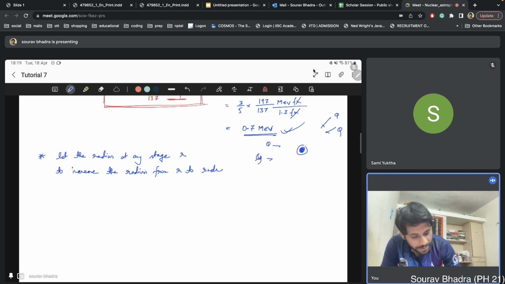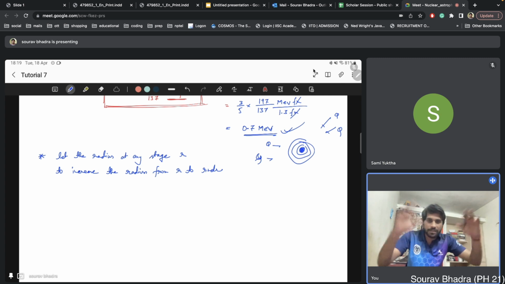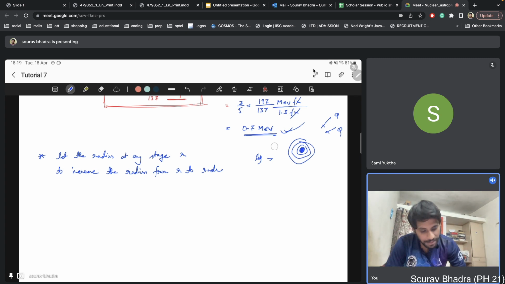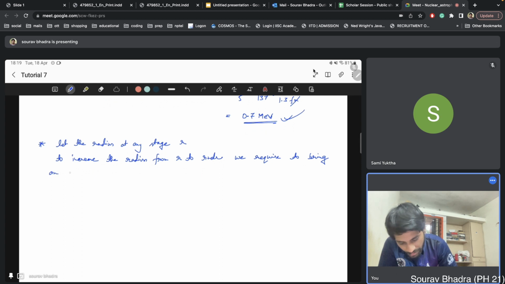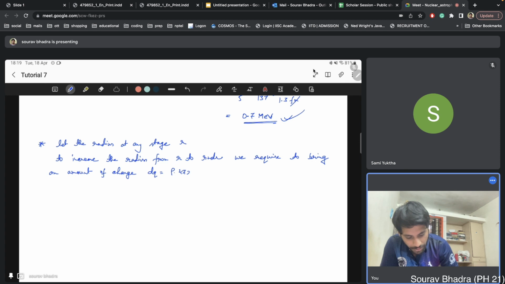So the radius will increase because I am collecting the charges from a very large distance, and to increase the radius from r to r plus dr, we require to bring an amount of charge, which you can find in any electrostatics book, dq, that is rho 4 pi r square dr.